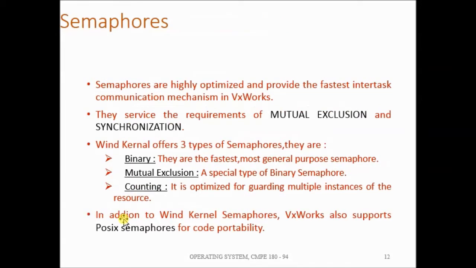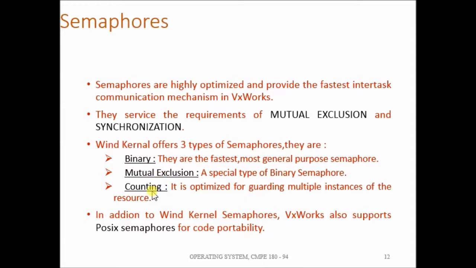Semaphores are highly optimized and provide the fastest intertask communication mechanism in VxWorks. Wind kernel offers three types of semaphores. Binary semaphore: these are the fastest, most general purpose semaphores. Then we have mutex, mutual exclusion. This is a special type of binary semaphore. And then we have the counting semaphore, which is optimized for guarding multiple instances of a resource.